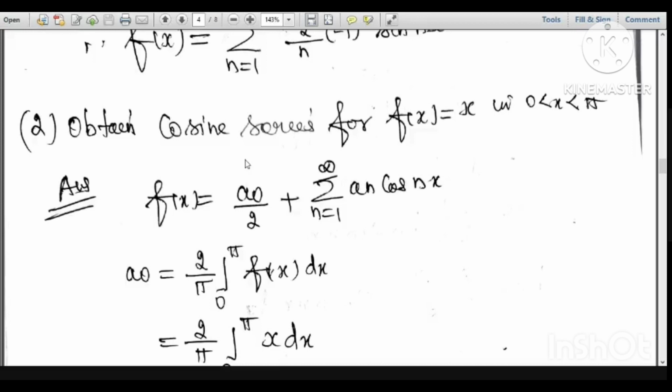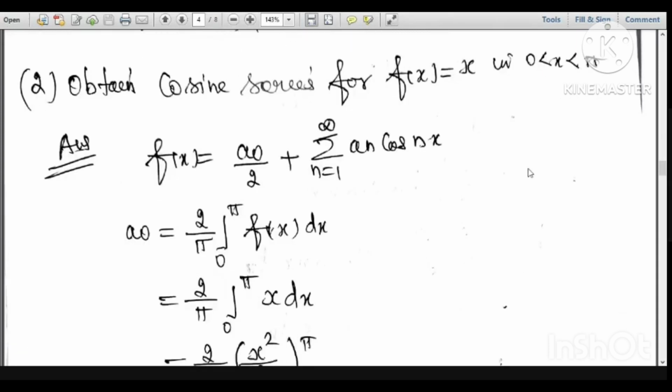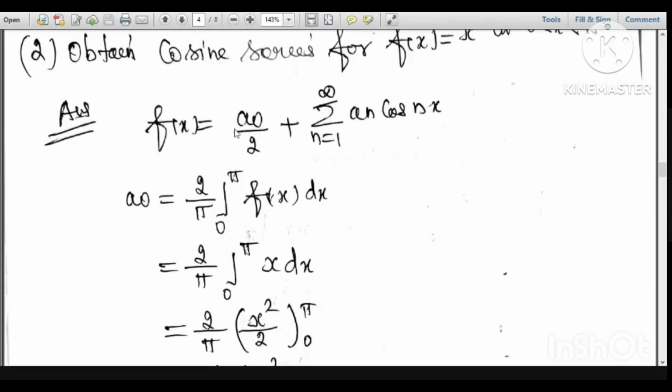You understand? So here, obtain cosine series for f of x is equal to x in the interval 0 comma pi, or 0 to pi. So lower limit 0, upper limit pi. Cosine series means f of x is equal to a naught by 2 plus summation n equal to 1 to infinity a n cos nx.